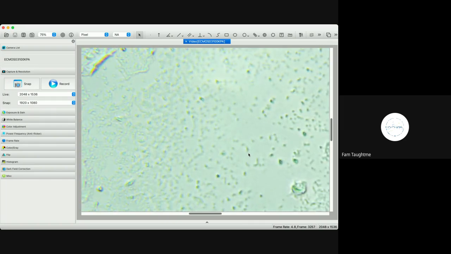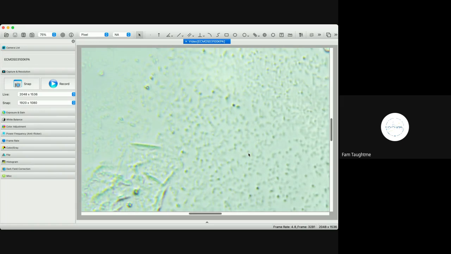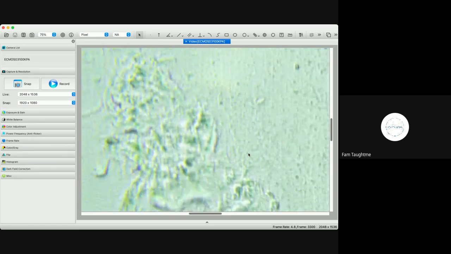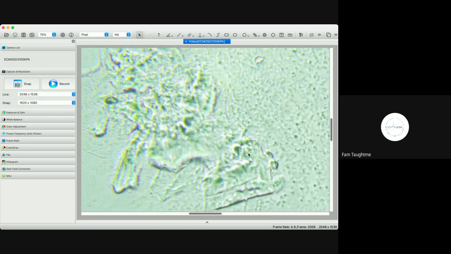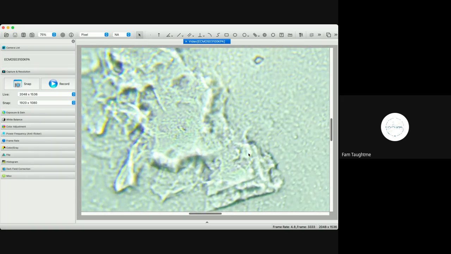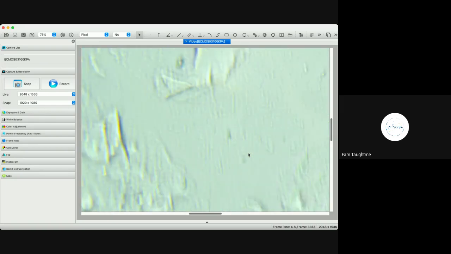This may be some G mucus, possibly. This looks like we've got some dots. This looks like another mucin piece. Yeah, I haven't seen any ferns on this today, though, which is pretty interesting.